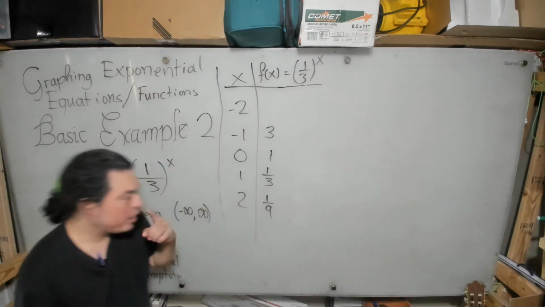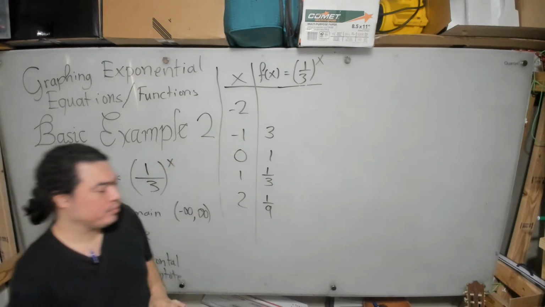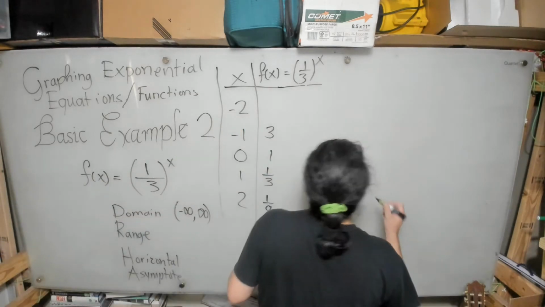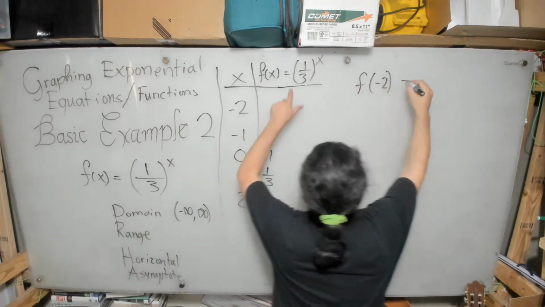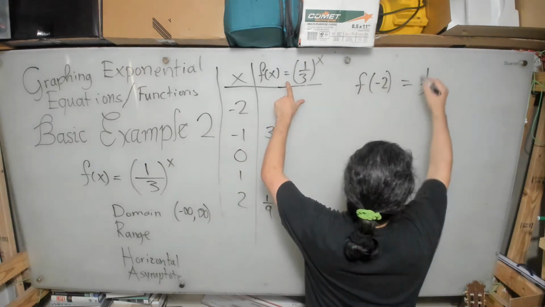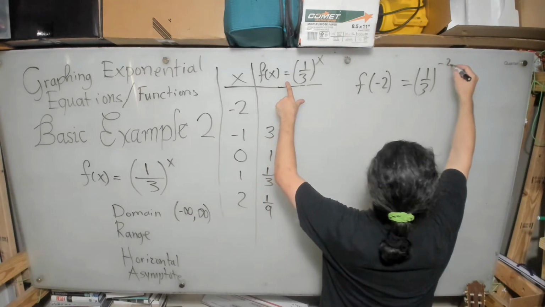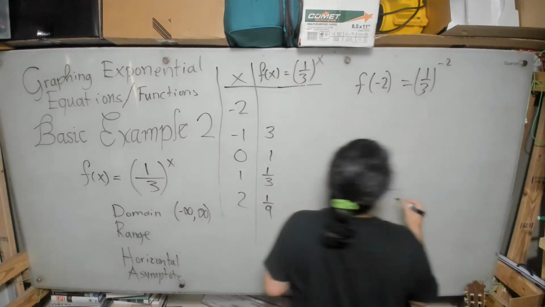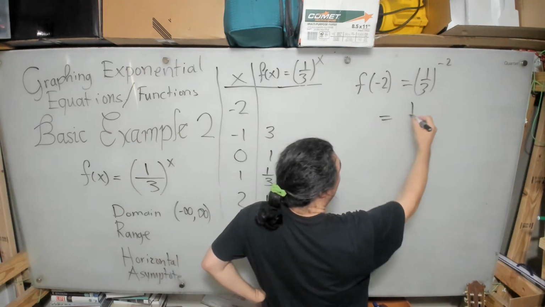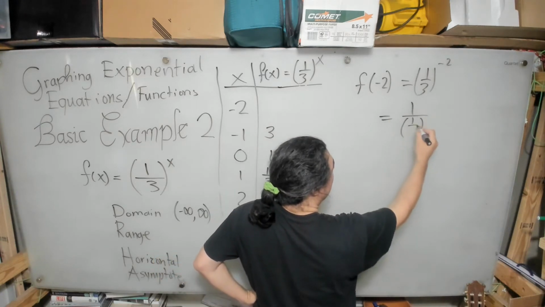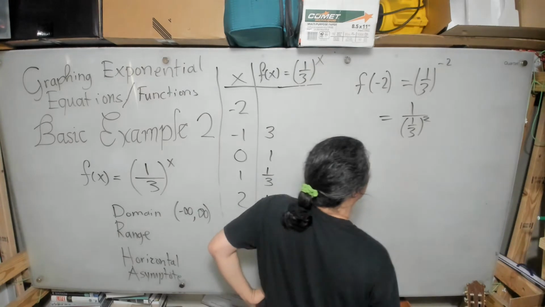And so now we want to calculate f evaluated at negative 2. So f of negative 2 is going to equal 1/3 raised to the negative 2 power, right? Now again, we know that this is going to equal 1 over 1/3 to the square power. Why?